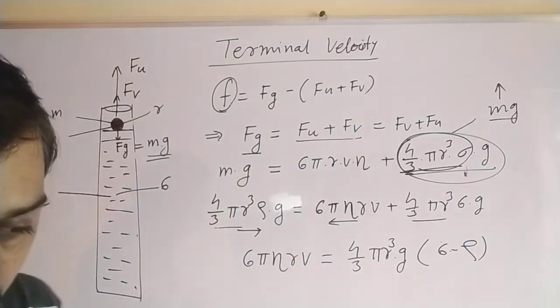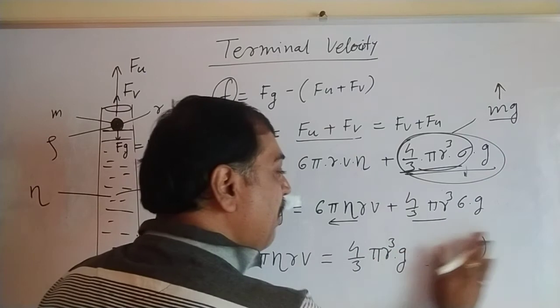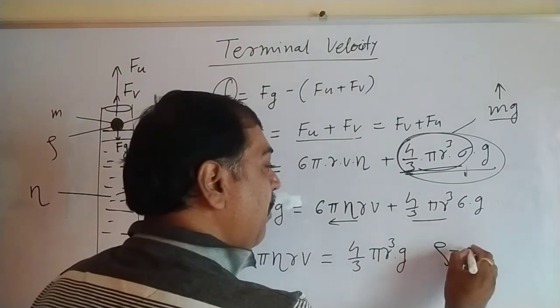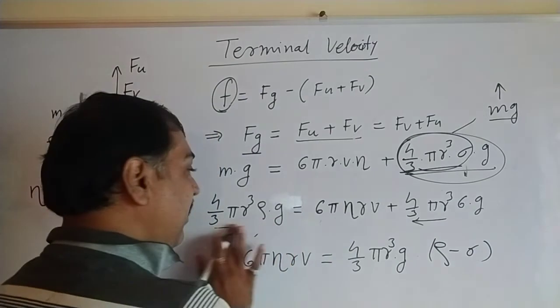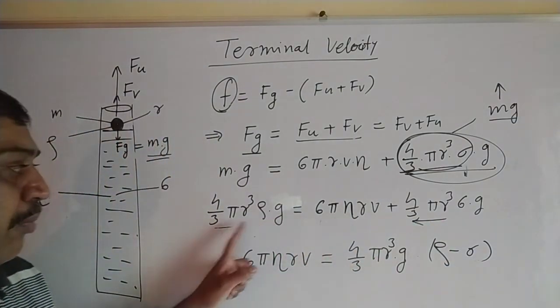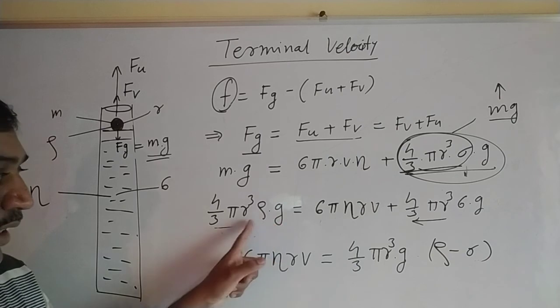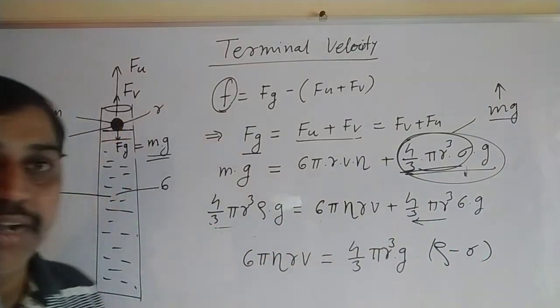Sigma minus rho. Or if we shift this term to this side, we get rho minus sigma. Just don't move this term, keep it as it is, and move this term to this side. So we get 4/3 πr³ρg, g is common, this term is common, and rho minus sigma is what we get here.